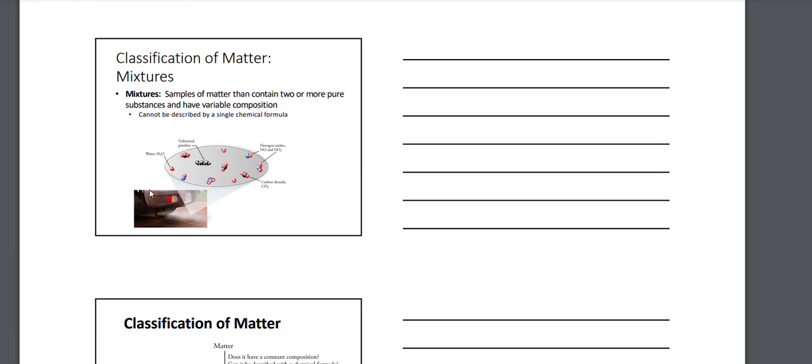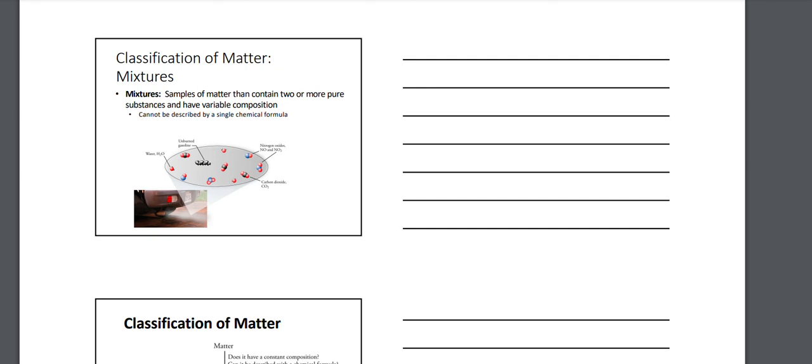So this takes us to the next classification of matter, which is a mixture. A mixture is a sample of matter that contains two or more pure substances combined together and has a variable composition. In other words, it can't be controlled by one chemical formula because it varies. It depends on the conditions and on how that mixture has been formed.